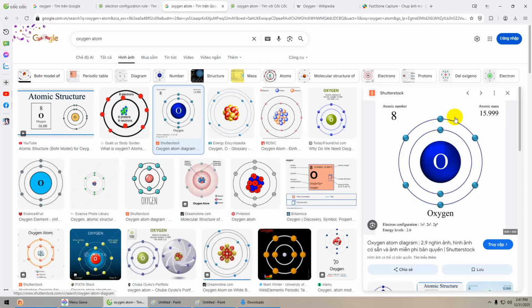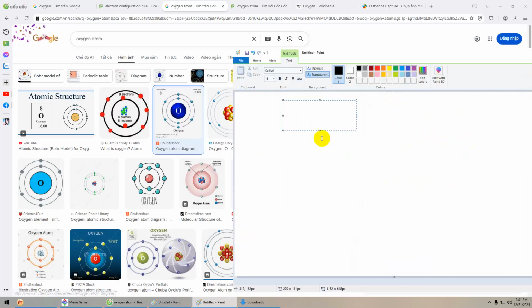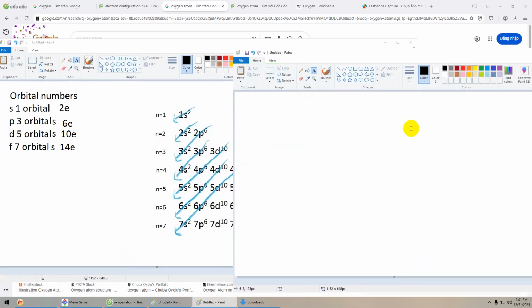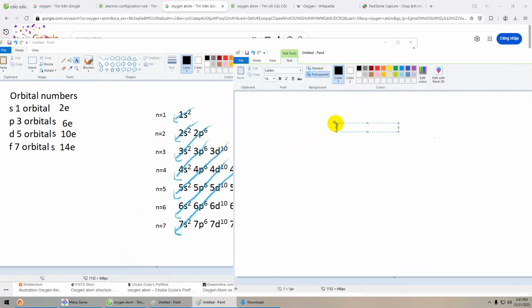Say you have the oxygen atom again, which has atomic number 8. So begin with the rule here. You just need to write the number: 1s2 first, then 2s2. That is 4 electrons right now. And we go on to 2p6, but we see that the 6 here plus 4 is actually 10 electrons.